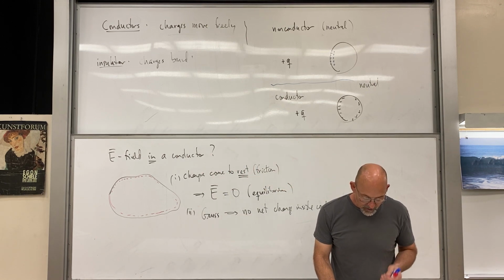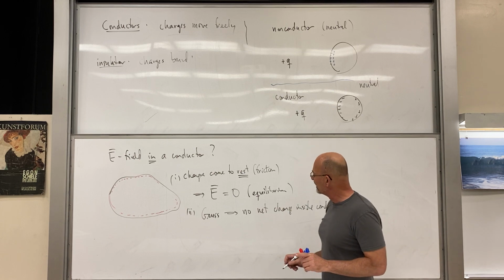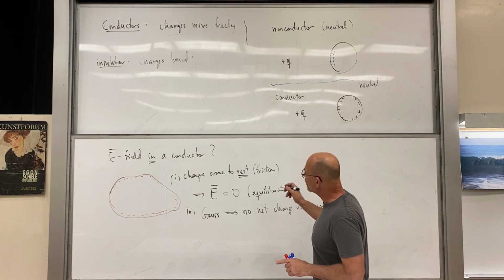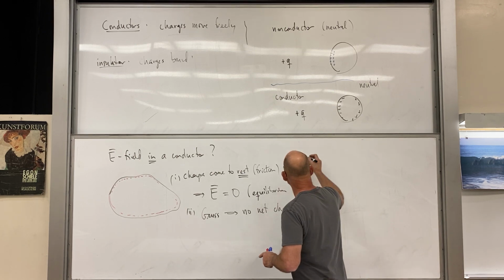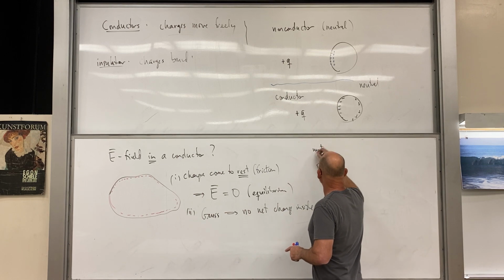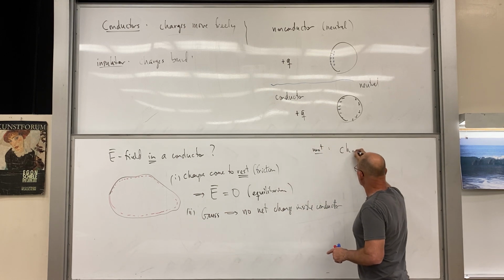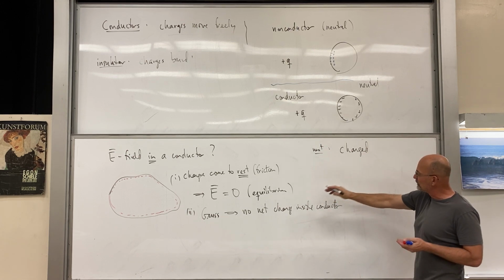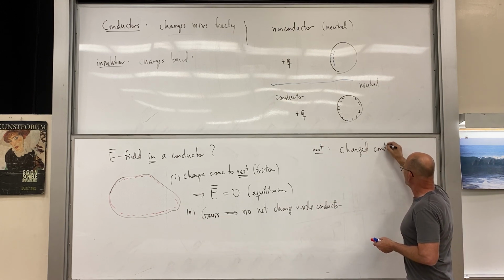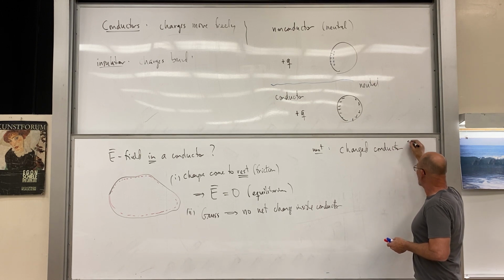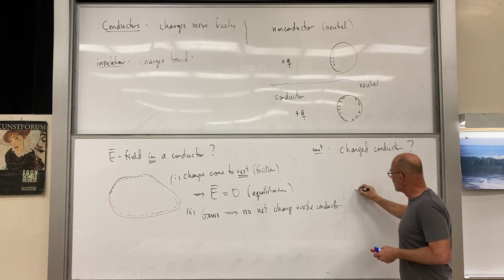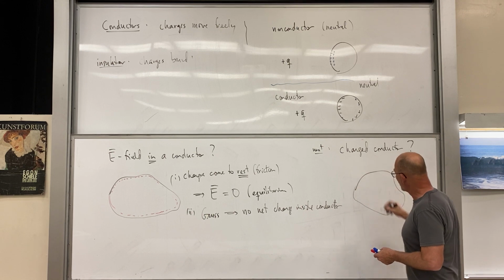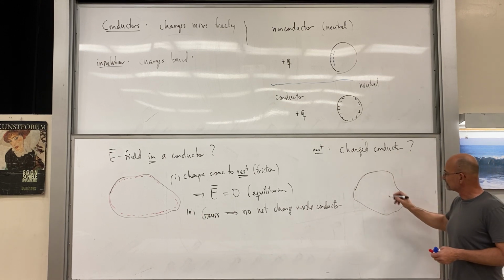So that's for starters. What about if we have a charged conductor? So next, charged conductor. Now that we've found these two results here, and again we'll draw our blob of a charged conductor.